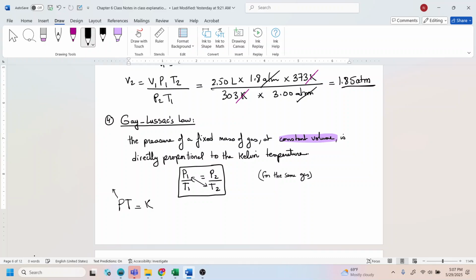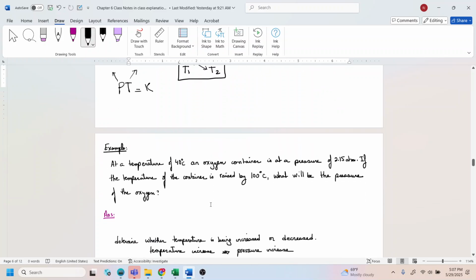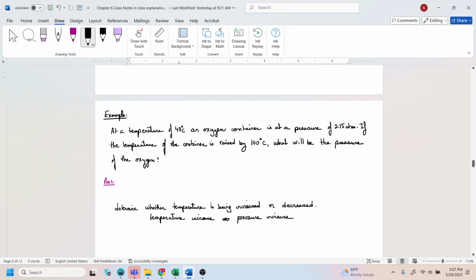As the pressure increases, the temperature increases, because both are proportional to each other. And of course, this is for the same gas, so you're talking about initial conditions versus final conditions for the same gas.